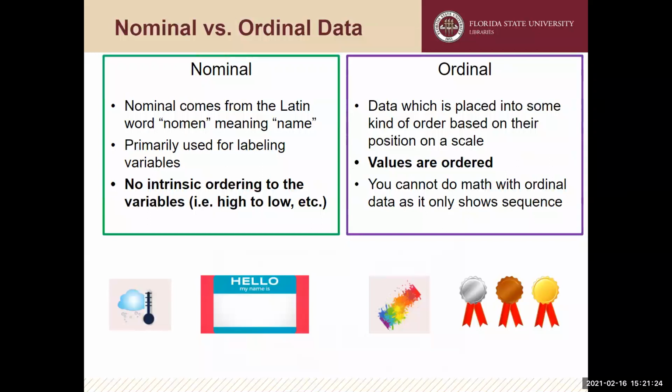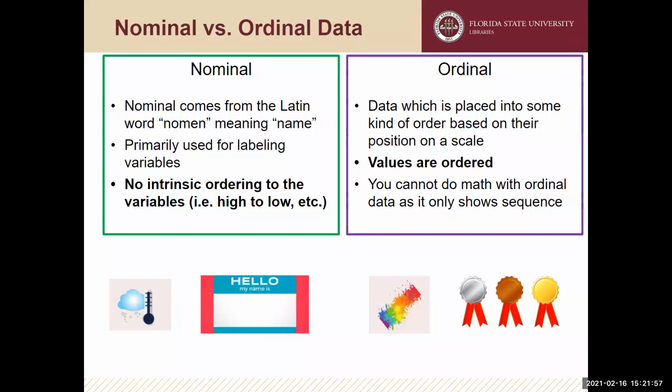And the major difference here is whether or not the variables can be ordered, right? So nominal data has no intrinsic ordering to the variables, such as high to low, etc. It just names something without applying it to any sort of an order. So like hair color, a randomly generated list of names, right?